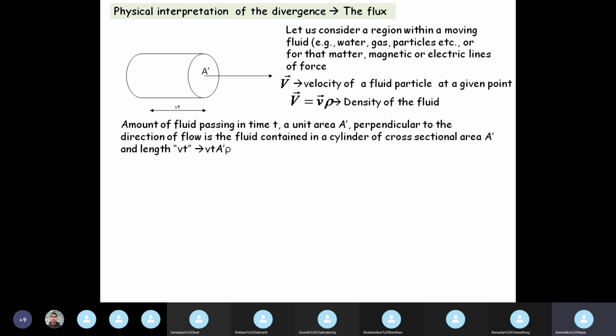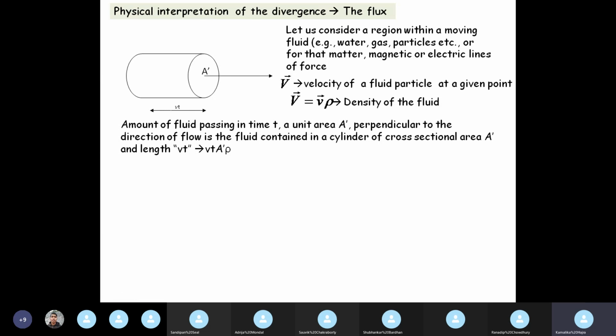Okay, we are considering a mass of fluid particles moving in a certain direction. This is the direction of flow. If you consider an area A prime which is perpendicular to the direction of flow, what is the amount of fluid, how many fluid particles, passing this particular area in time t?